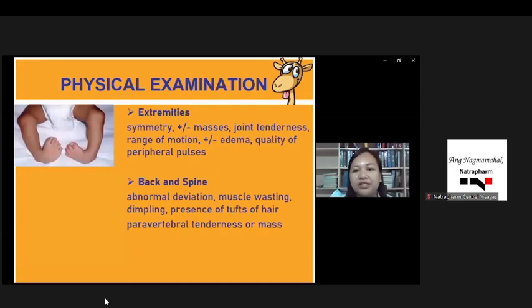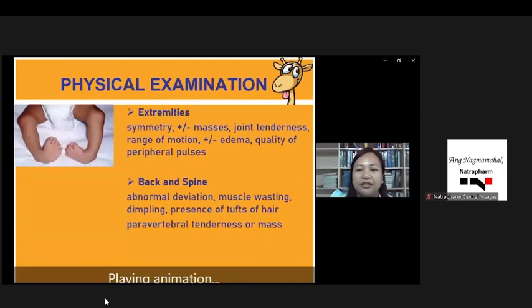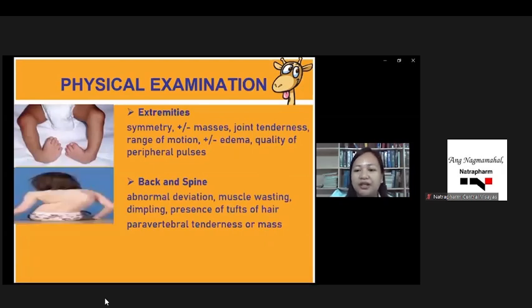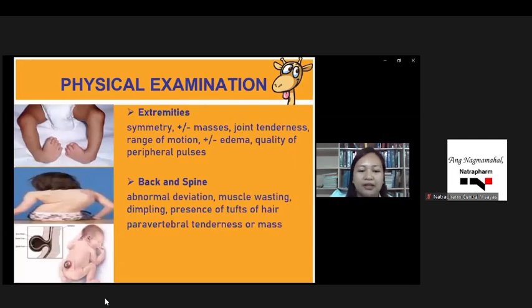Check also for contusions, abrasions, and edema, which are common signs of trauma, and evaluate the range of motion for each. For the back and spine, we should inspect for any abnormal deviation, such as presence of scoliosis, kyphosis, or muscle wasting. We should also note presence of masses and tufts of hair, as in the case of spina bifida.